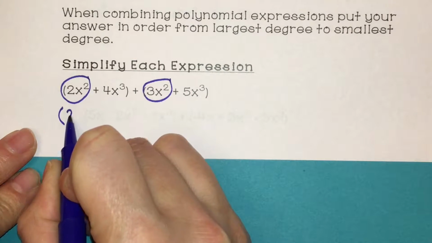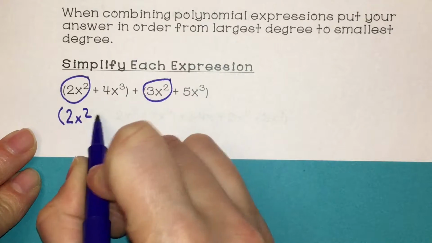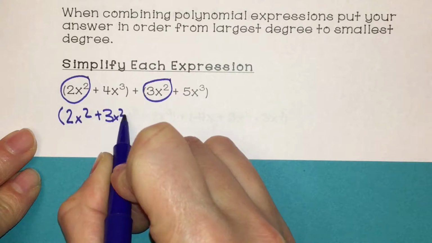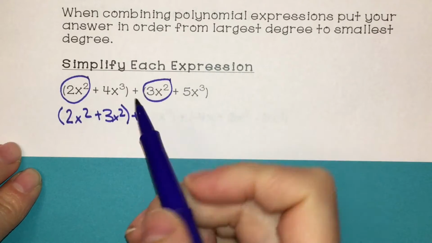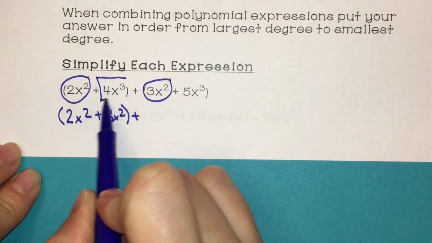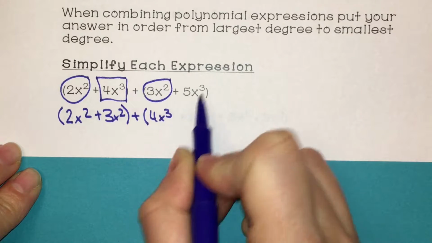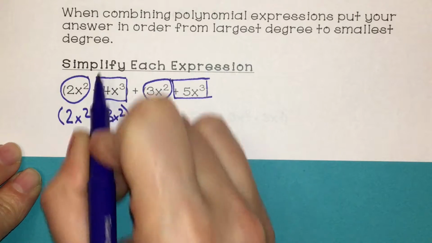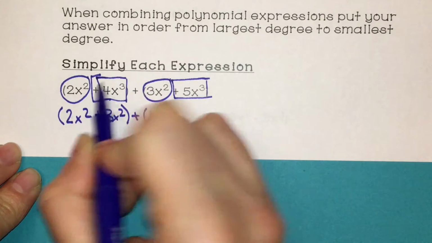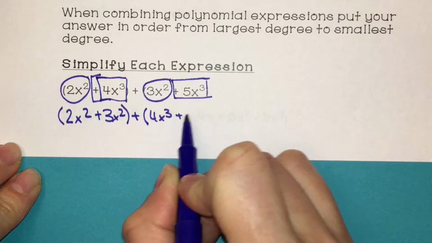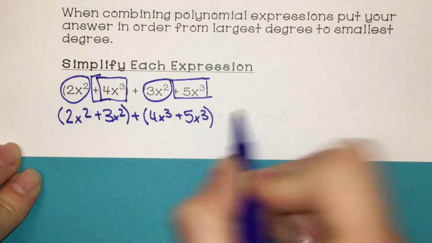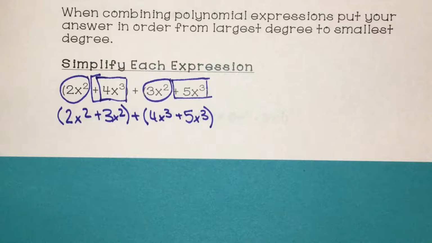I'm going to put these together: 2x squared, in between we have plus 3x squared. And to that I'm going to add a positive 4x cubed. I didn't include that plus in front of it, but I should have. Plus 5x cubed.